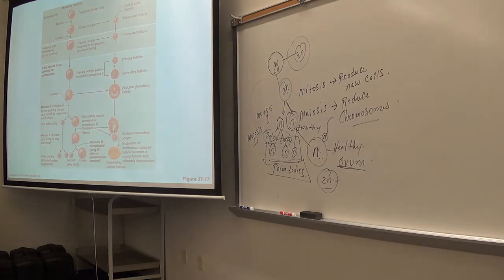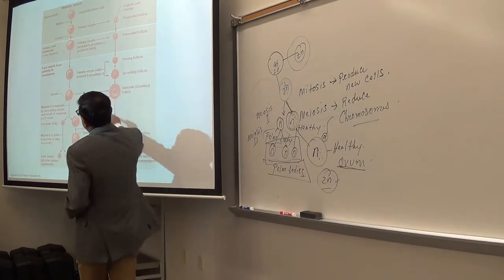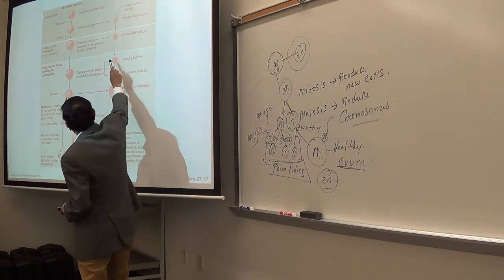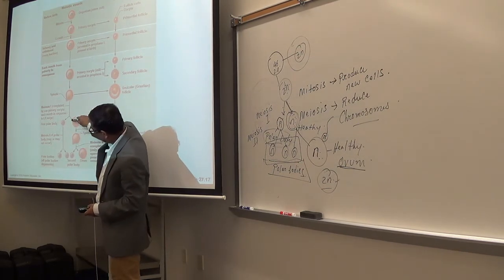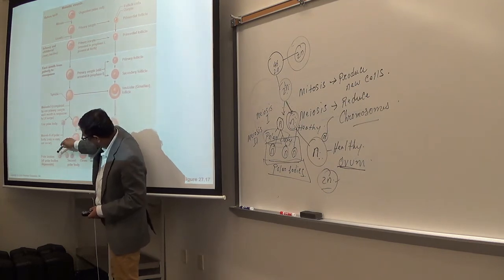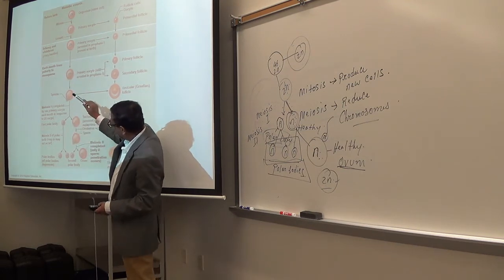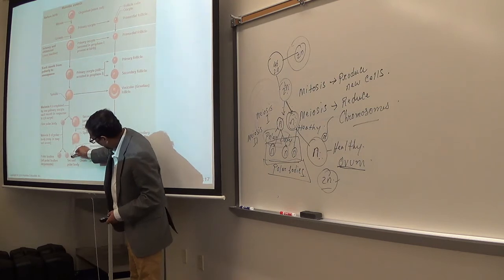So now let's see. Here, you see, this is meiosis 1. So this is healthy, this is polar body. So this polar body will form two more polar bodies. This healthy one will divide into two, one healthy, one polar body.